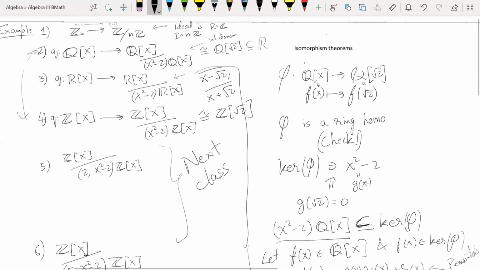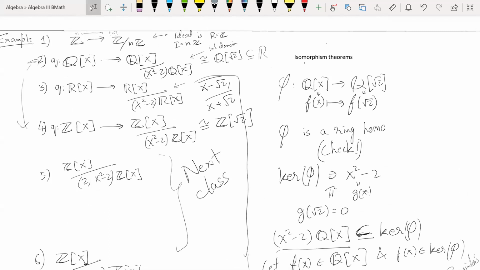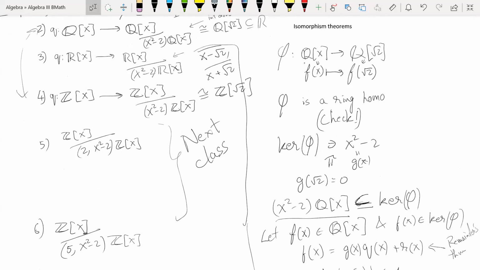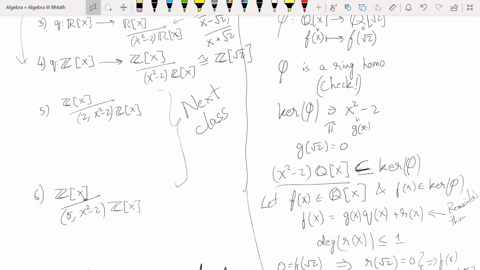This map phi, if you restrict it to ZX, gives you a map from ZX to Q square root 2, but the image actually lies in Z square root 2. And the kernel, again, you can show this is going to be Z square root 2.